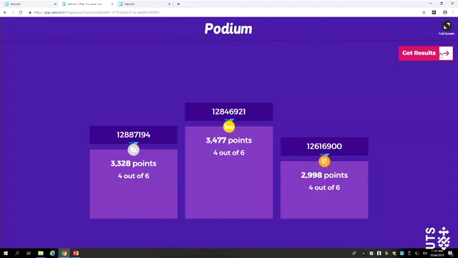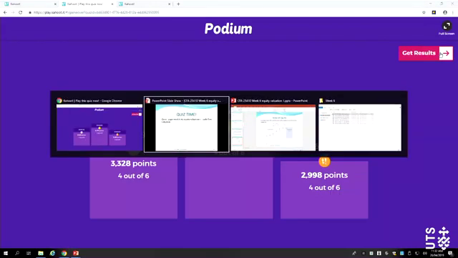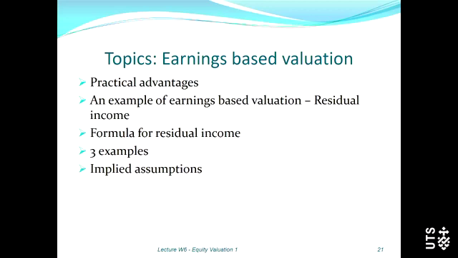Okay, moving on to the next topic today. We've looked at valuation using cash flows. I would tell you, if you're left in the jungle and you have to take one tool with you, take cash flow valuation, right? So I'll make that very clear.